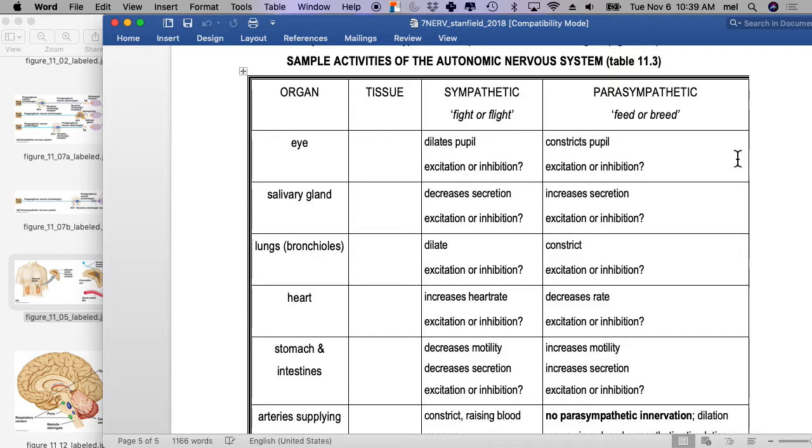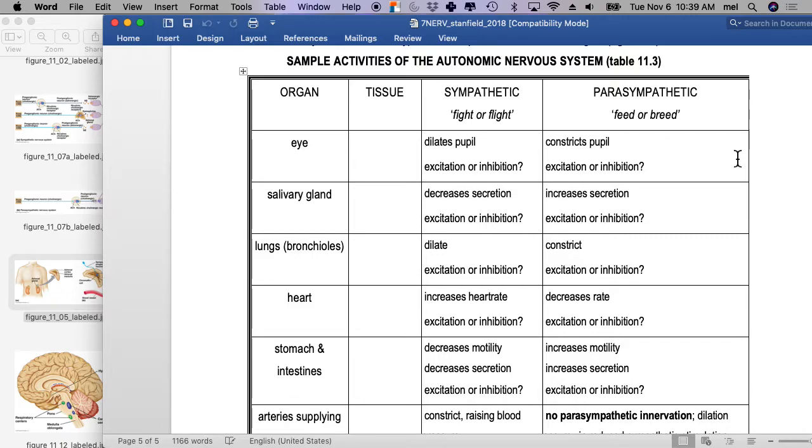Yes? Okay. Now, in order to understand whether that represents excitation or inhibition, I have to show you that anatomy. If we do a cross-section of the bronchiole and look at how the smooth muscle is arranged, it's not arranged like that. It's arranged like this. Okay? So if I stimulate these, is it going to constrict or dilate the bronchioles? Constrict.